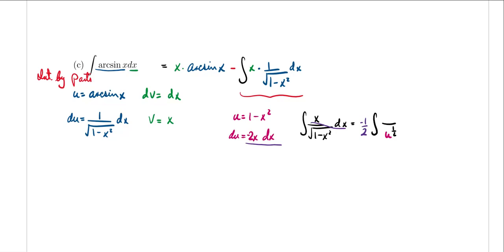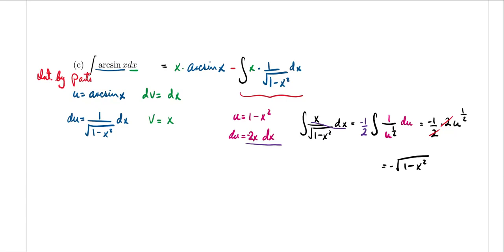So now we have negative 1/2 times the integral of 1 over u to the 1/2 du. This one is going to give us a nice result. We're going to get negative 1/2 times 2u to the 1/2 power. Alright, canceling the 2's and substituting in our u's, we're going to get a negative square root of 1 minus x squared.